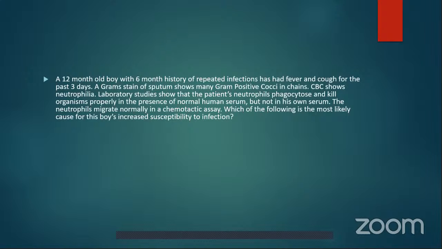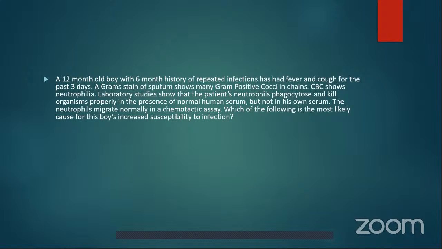But in the patient's serum, when you try to create this atmosphere in the lab, the neutrophils are not killing the bacilli. Now the neutrophils migrate normally in a chemotactic assay. That also they've given you. They've told you there's no problem with the movement of the neutrophil.